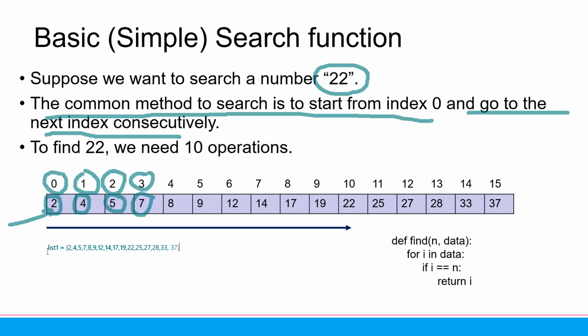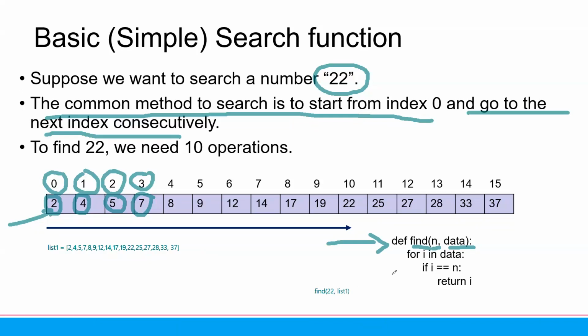The question is, find where is the index of 22? You will write the code something like this. Find n, which is the value that you want to find, and the data. So if I want to call find 22, comma, this list, because I want to find the value 22 in the list.